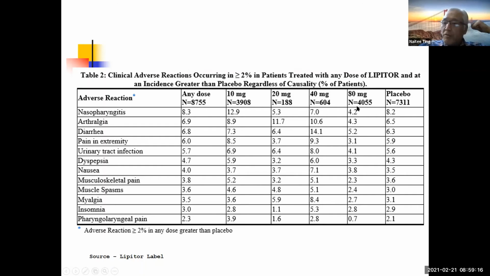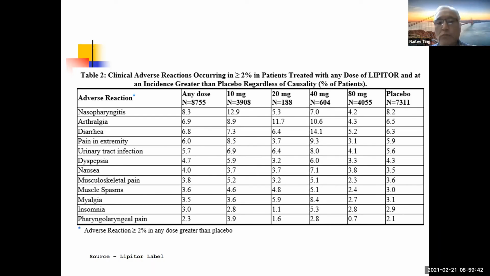So a typical AE table looks like this. Under each treatment group, there's a total sample size, and typically we have 100%. Then they report for all the observed events N and percent. N is the number of patients. It's not the number of events. That's very important.